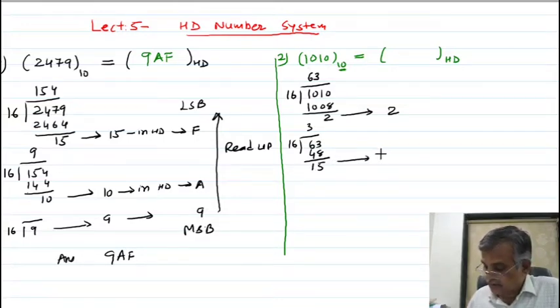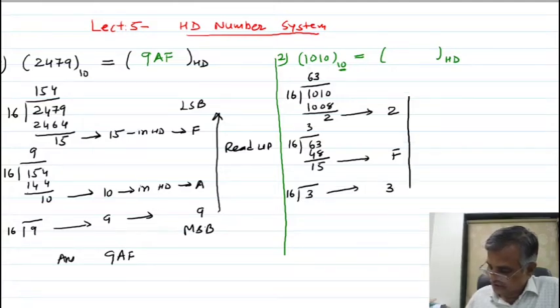So 15 in a hexadecimal number, I should write F. 3 cannot be divided, so 3. You know, read up, 3F2. So my answer is 3F2.